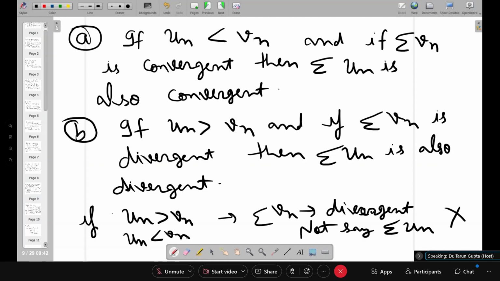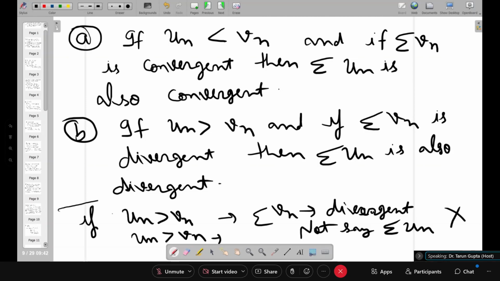But if un is greater than vn and vn is convergent, then you cannot say whether un is convergent or divergent. So these things you have to remember.